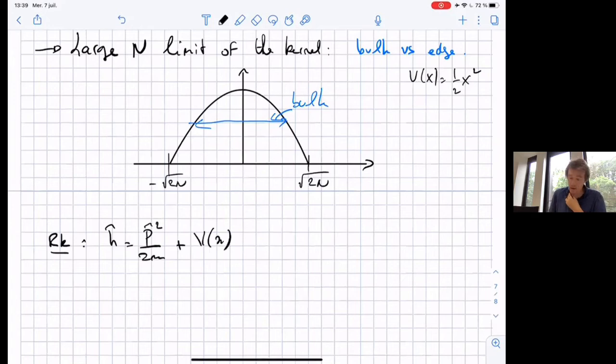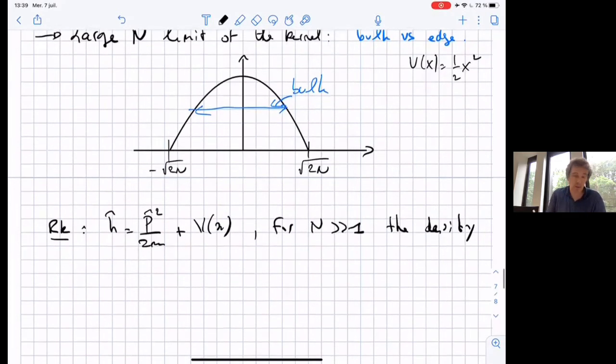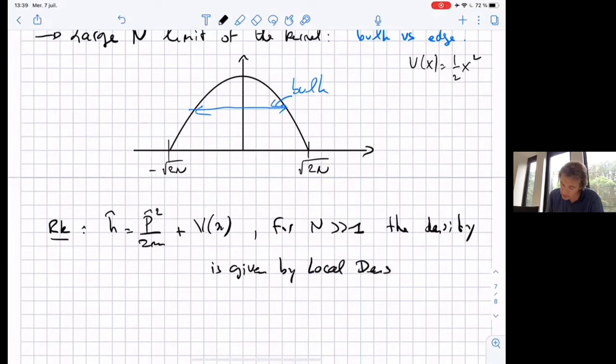Then for large n, the density in the bulk, typically the Wigner semicircle, is given by the semi-classical approximation, which is usually called either Thomas-Fermi or local density approximation.